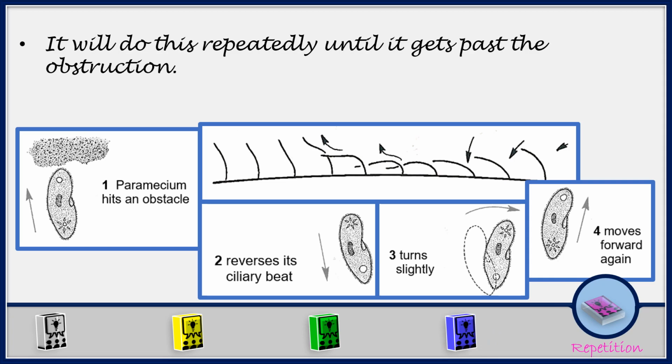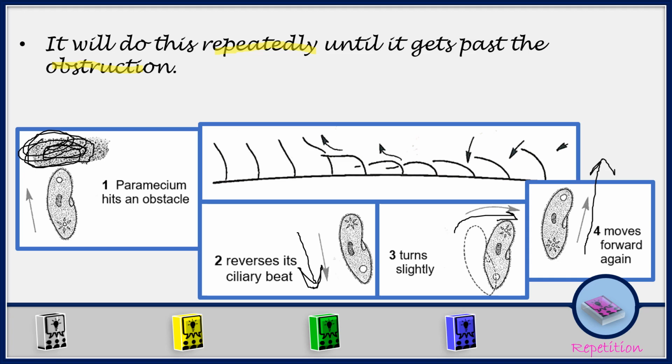It will do this repeatedly until it gets past the obstruction. The only way it can bypass the obstacle is to go backwards, and when it goes backwards, it will change direction. When it changes direction slightly, it will come back again.